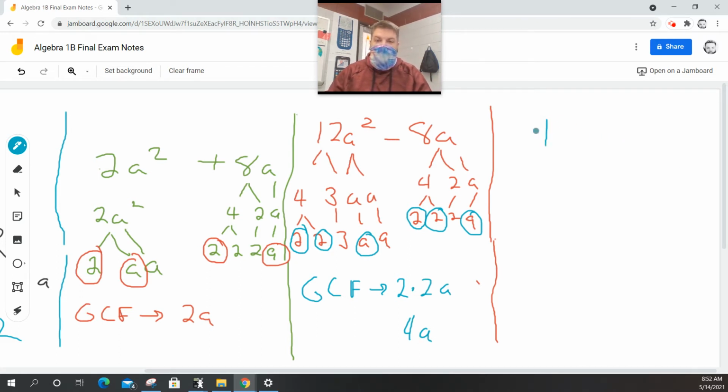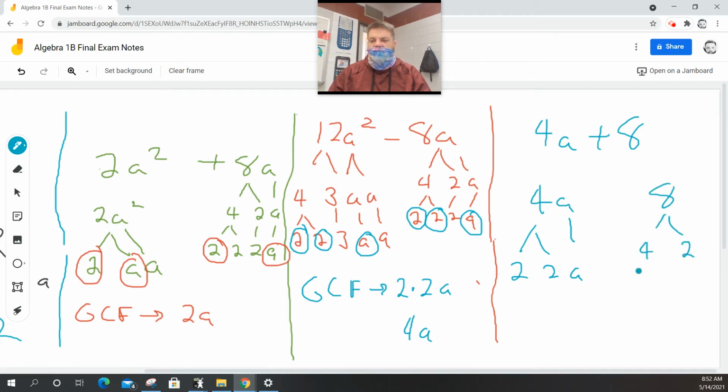Lastly, I have 4a plus 8a. 4 breaks down into 2 times 2. The a is just by itself, so that's a. 8 breaks down into 4 times 2, and then 4 breaks down into 2 times 2 times 2.